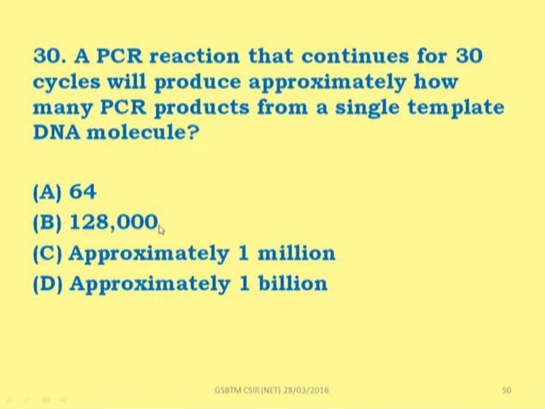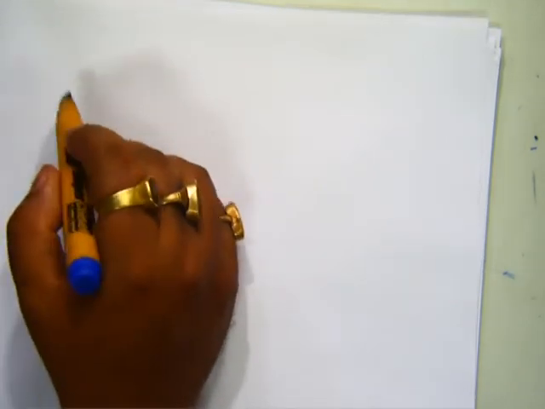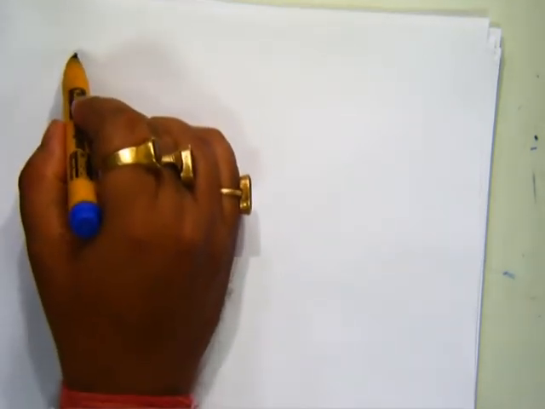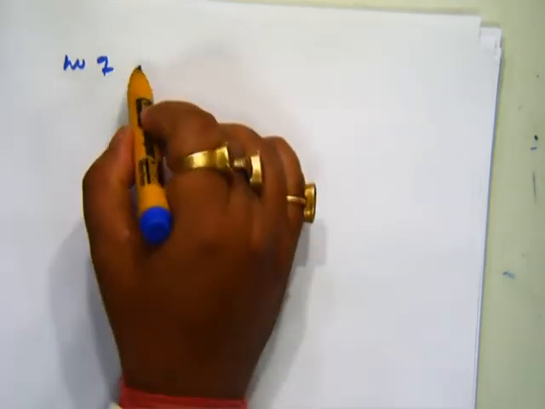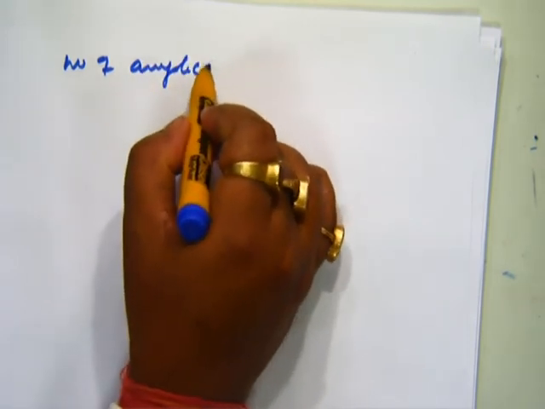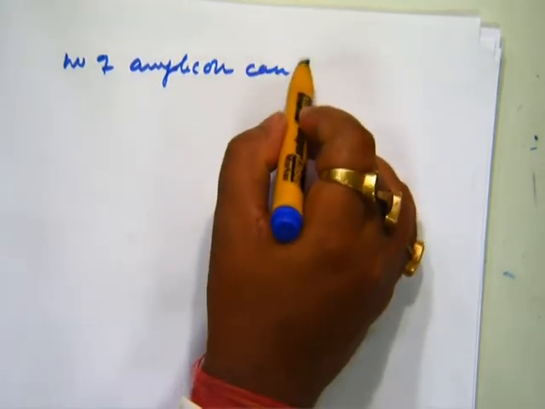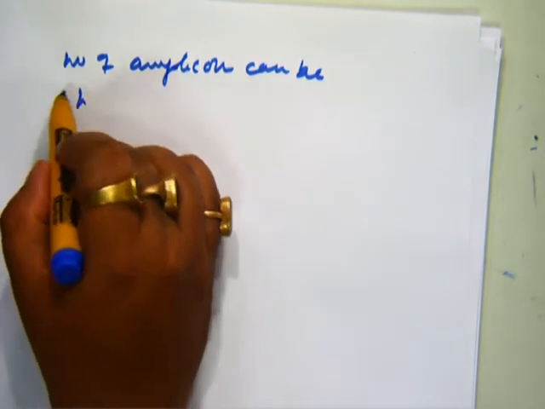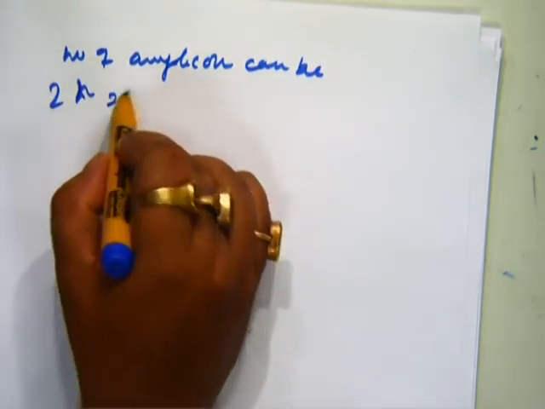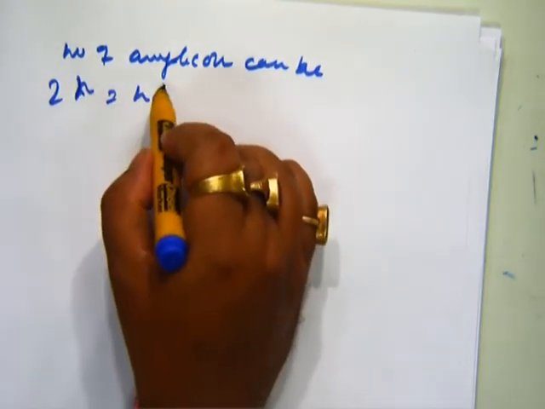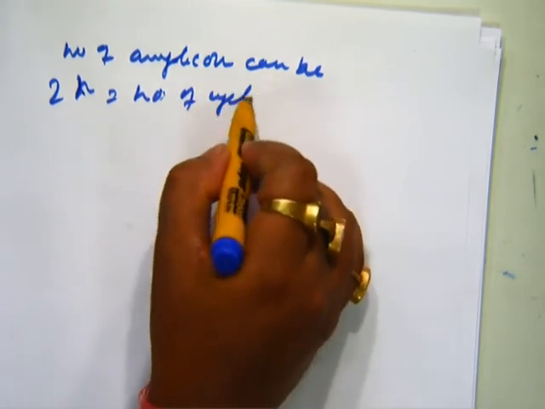Next one. A PCR reaction that continues for 30 cycles will produce approximately how many copies? The number of amplicons can be represented by 2 to the power n, where n is the number of cycles during the PCR.